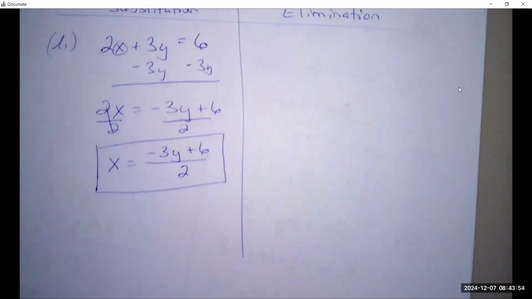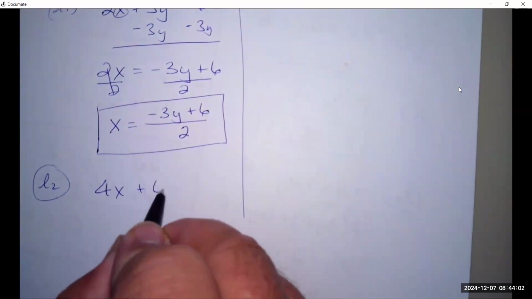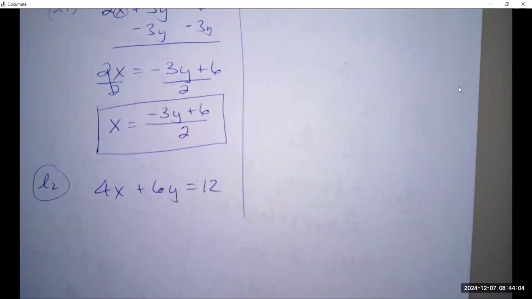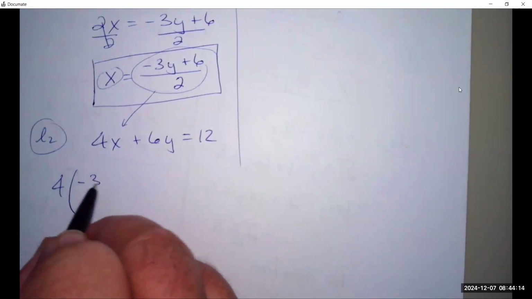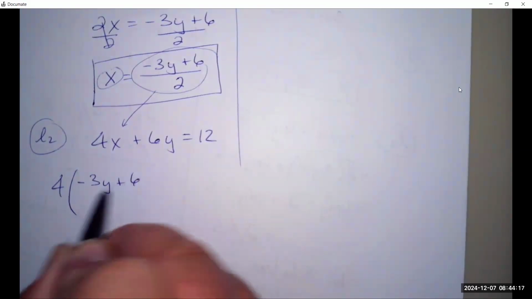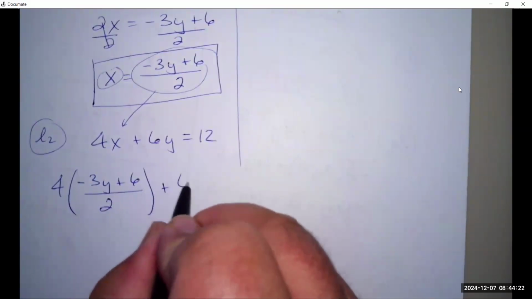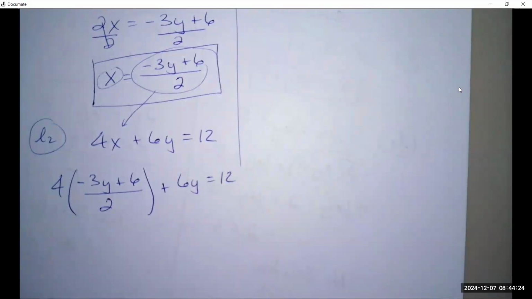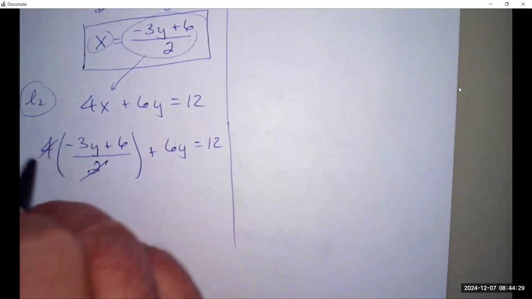Okay, so we solved that one there. Now we got to plug that into line 2. Line 2 was 4x plus 6y equals 12. Anywhere I see an x, I put this entire equation for negative 3y plus 6 over 2, plus 6y equals 12. The 2 and the 4 cancel.